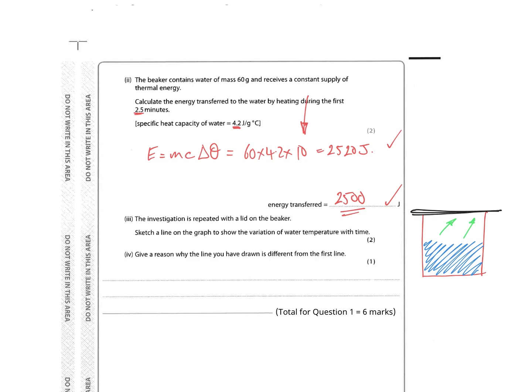So it means that heat's going to be retained, which means that it's going to reach a higher temperature at equilibrium, and also it will mean that we are probably going to get a quicker increase in temperature.